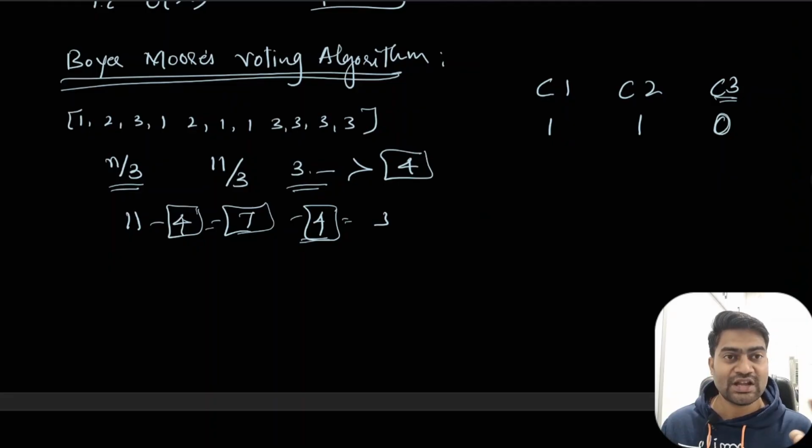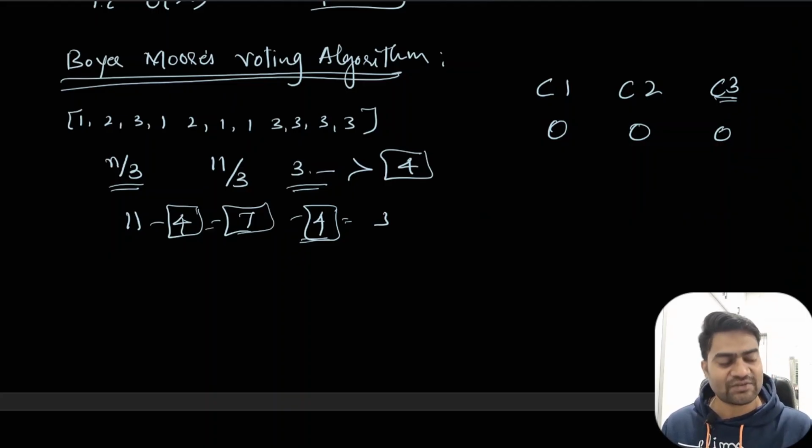Now assume C3 also gets 1 vote. Then nobody is leading with any votes, so their relative counts will be set back to 0, because all are in the same situation. We cannot declare anyone as the winner.